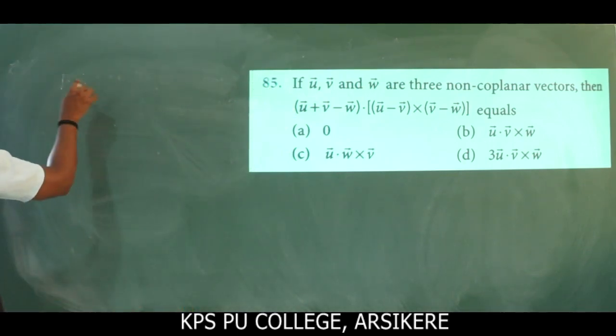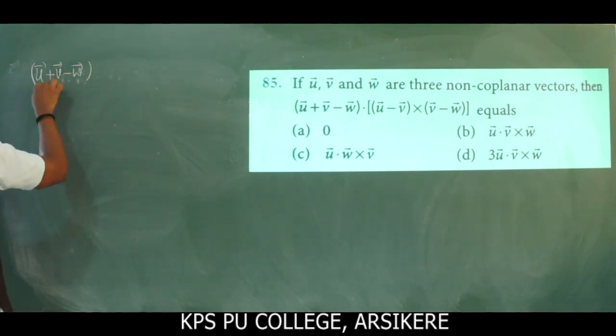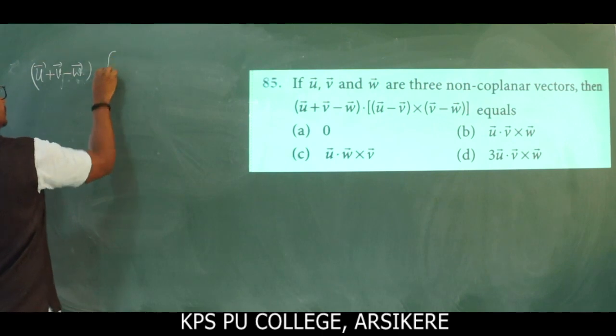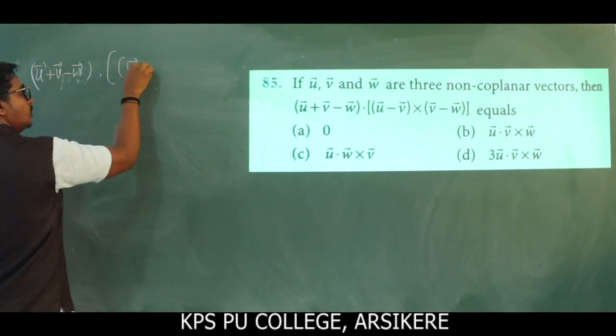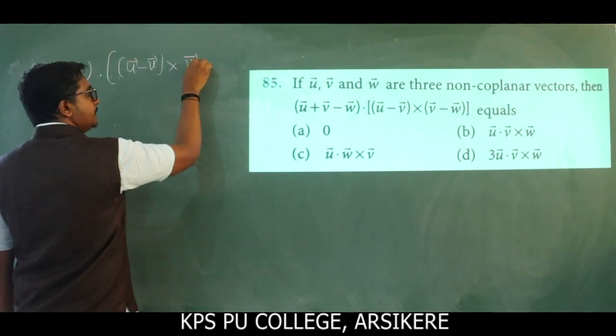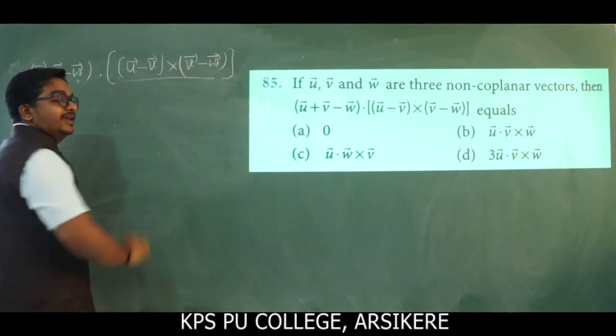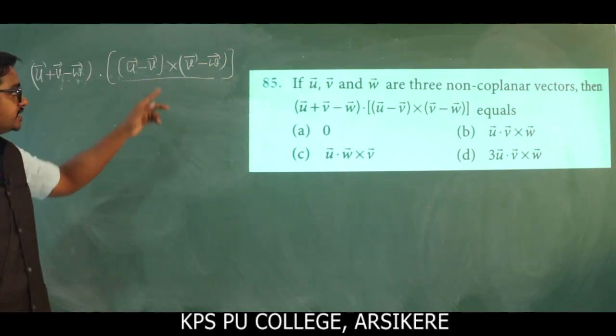First, write the given things as it is: u plus v minus w dot u minus v cross v minus w. First we have to evaluate the internal term of the second term.